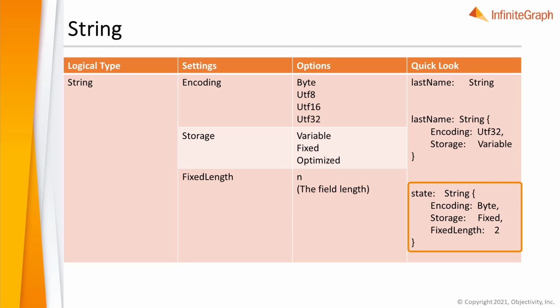In the third example, we are declaring an attribute state with an encoding of byte, storage as fixed, and fixed length of 2. This makes sense if you're creating something like an address class where we can use the standard 2-letter abbreviation for states. We don't need the overhead of a variable string because we know that it will only ever be 2 characters.